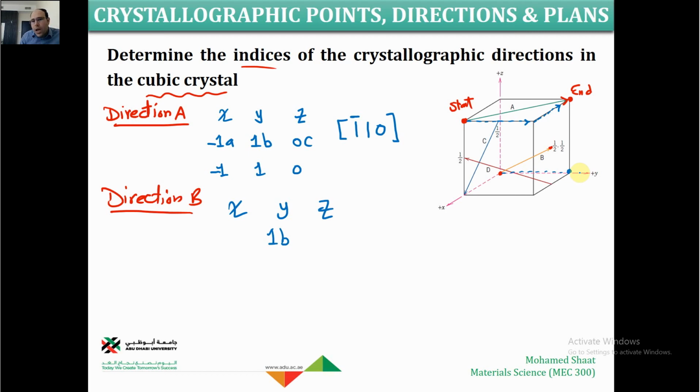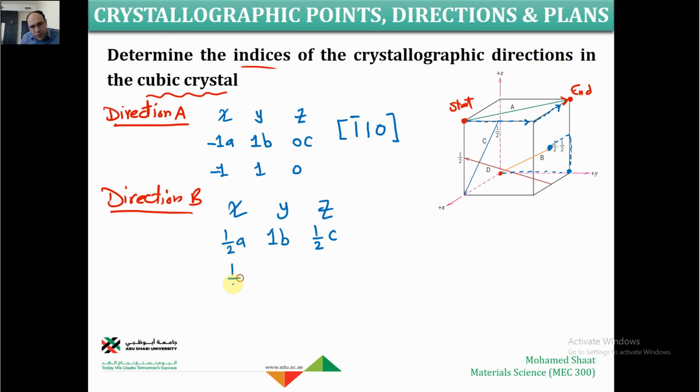Then how long are you going to move parallel to Z? You're going to move parallel to Z half of this edge, which is half C. Then, till you reach this point, you're going to move parallel to the positive X in this direction till you reach the end point, half of X. Half of X means half of A. Make sense?